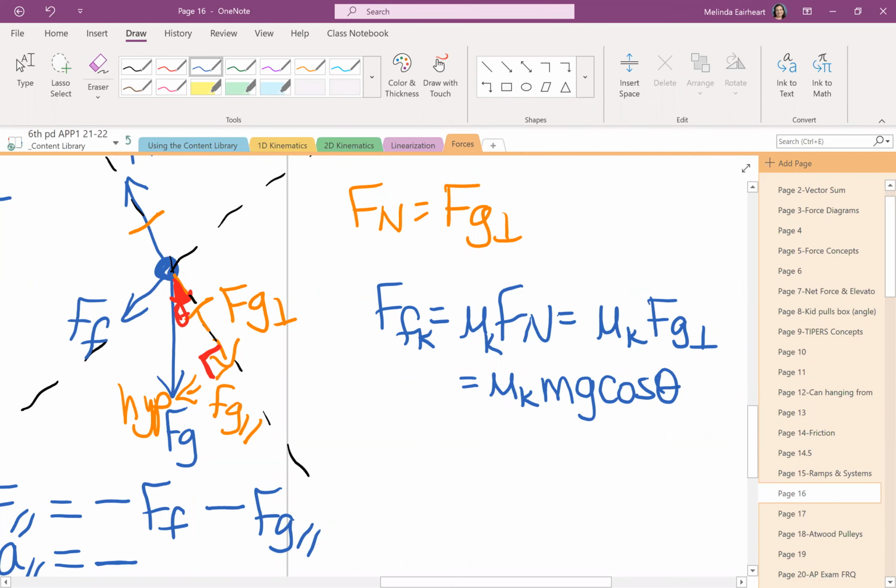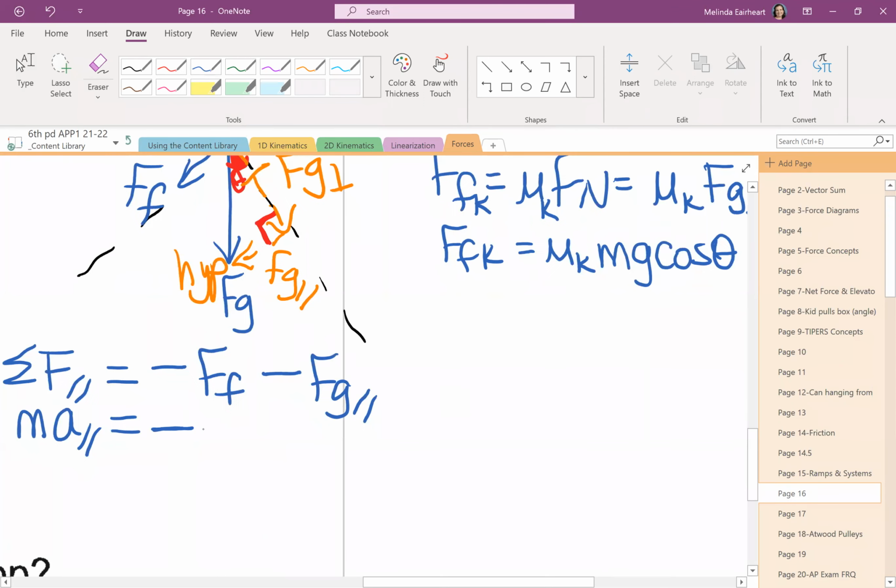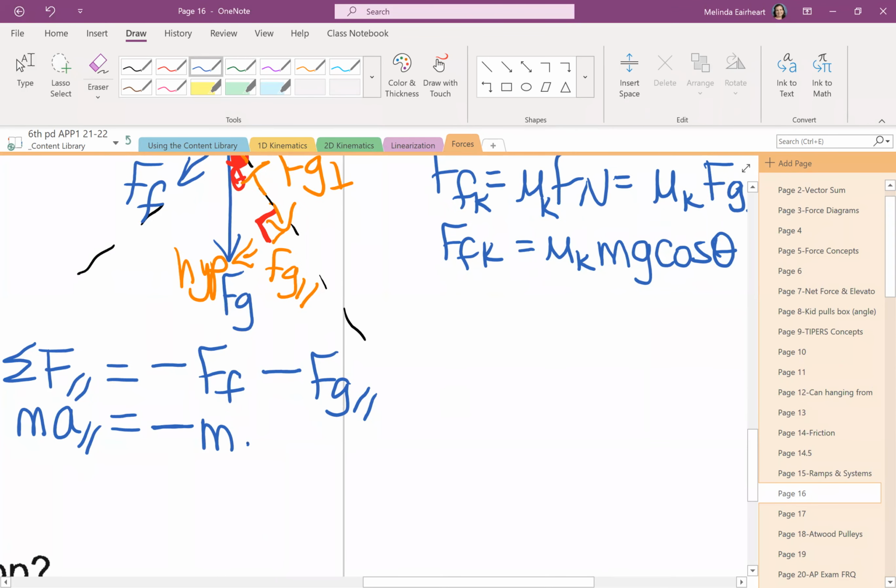So that long expression, notice I'm not plugging numbers in yet. Okay, that long expression is the frictional force. I can carry it down to my F net statement. And so minus mu mg cosine theta. And then we have FG parallel.